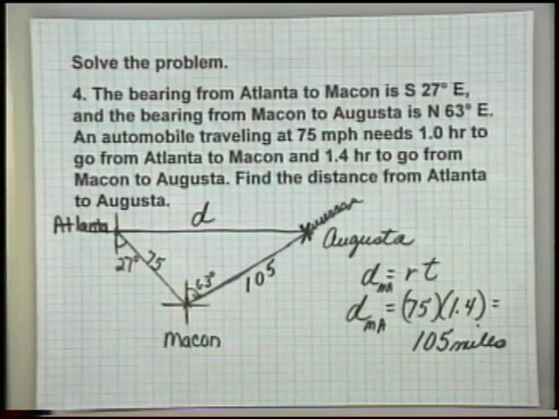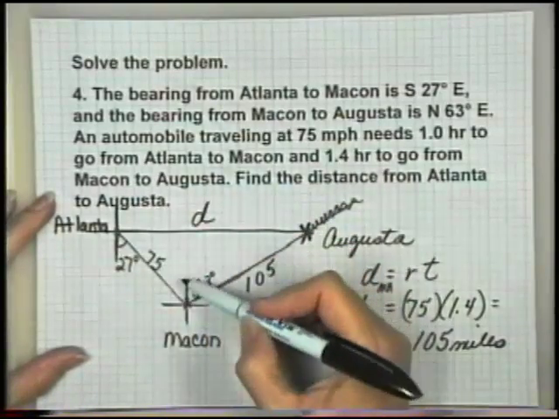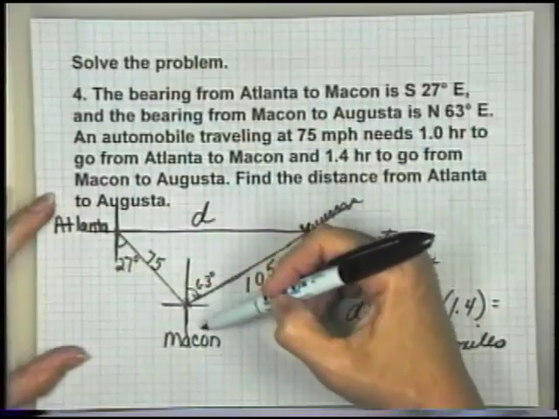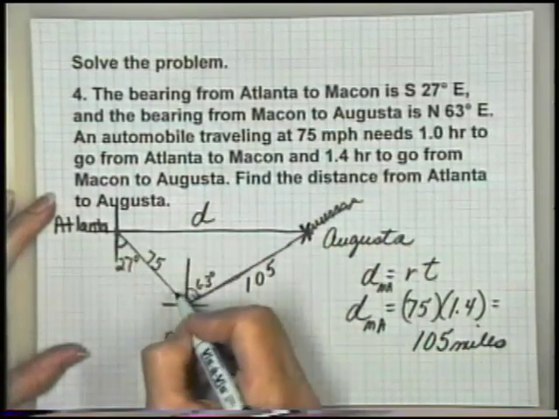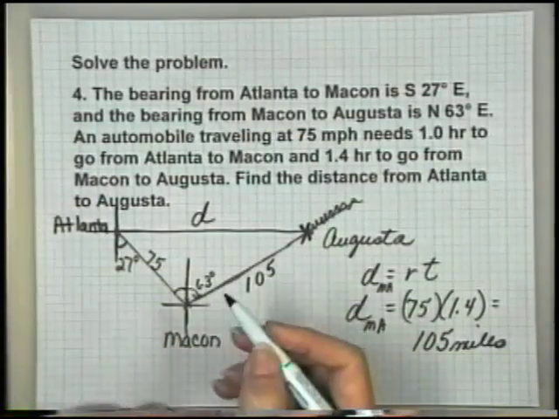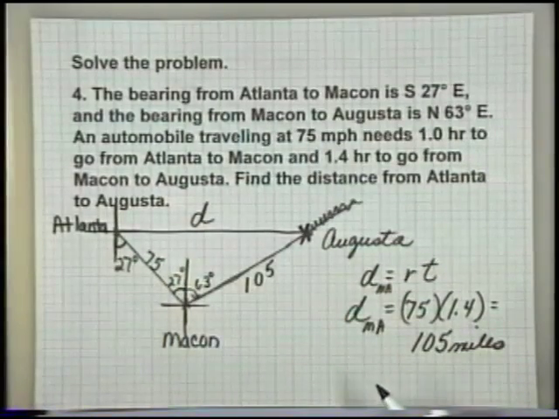Now let's determine if it is a right triangle. How can I do that? Well, once again, focus on this north-south, this north-south. This line forms a transversal, and once again, this angle and this angle are alternate interior angles, which means they're equal.